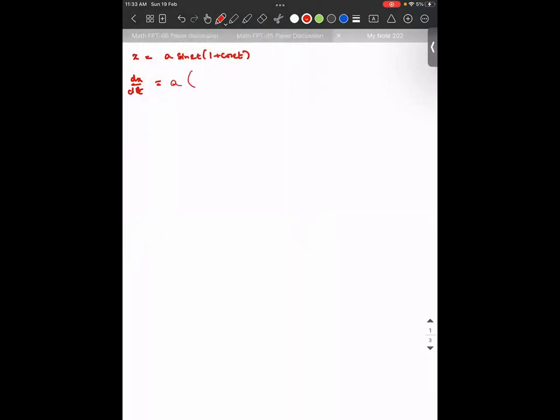So a into derivative of sin 2t is 2 cos 2t into 1 plus cos 2t as it is. Am I right? Plus sin 2t as it is. Derivative of 1 plus cos 2t is 2 sin 2t with a negative sign. No mistake, no?